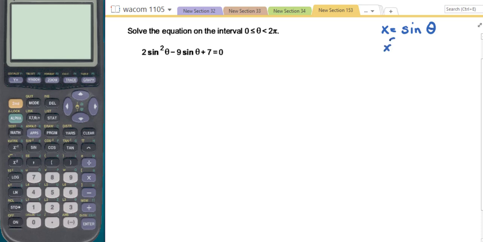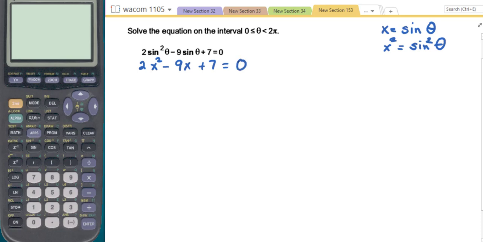So x squared is going to be sine squared of theta. Right, so I am going to substitute here, and I have 2x squared minus 9x plus 7 equals 0.